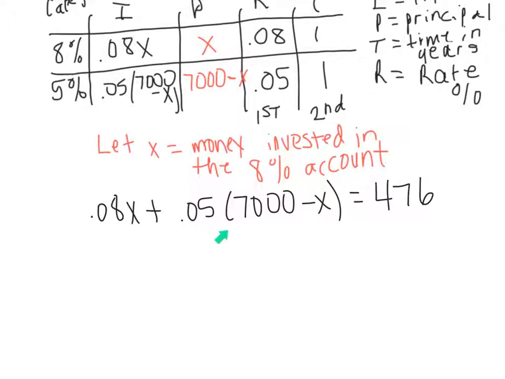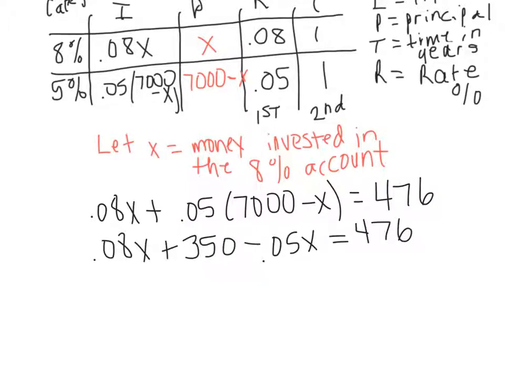We need to distribute here with 0.05, so 0.05 times 7,000 and 0.05 times the x. 0.05 times 7,000 will end up being 350, and 0.05 multiplied by the x, you get minus 0.05x equals 476.